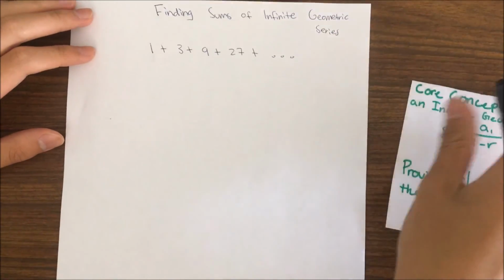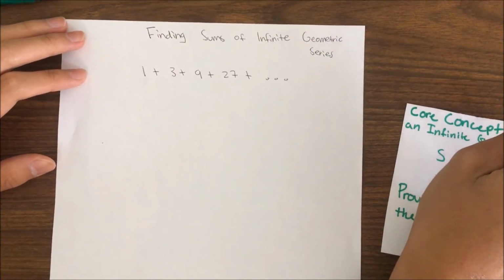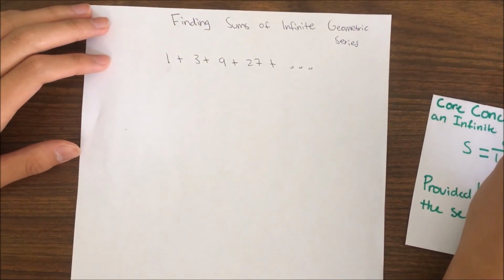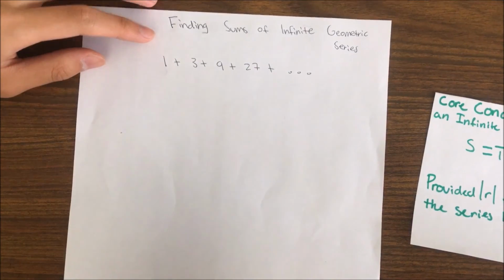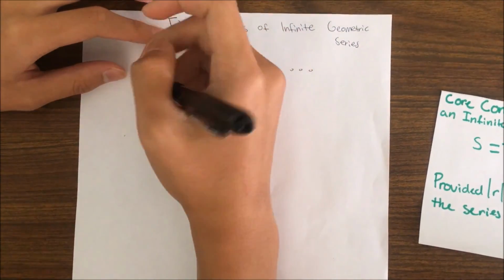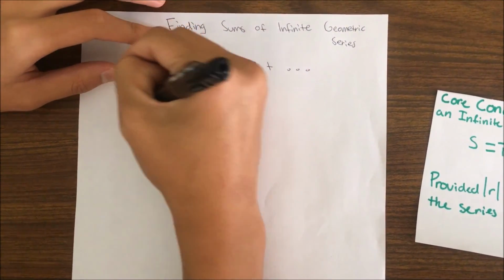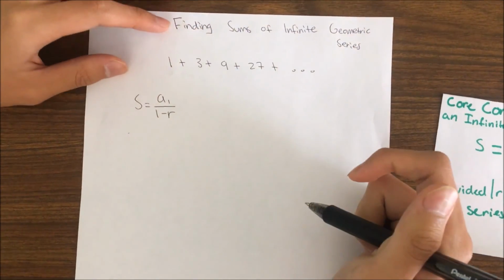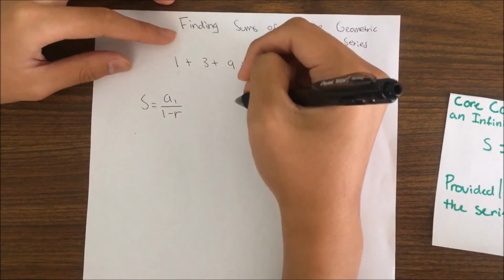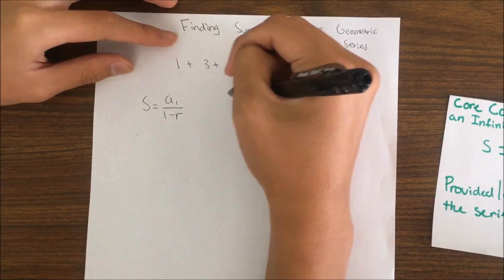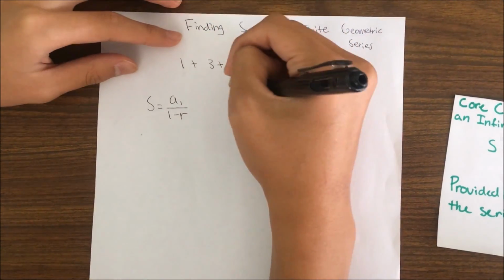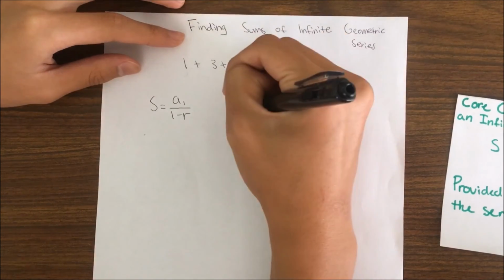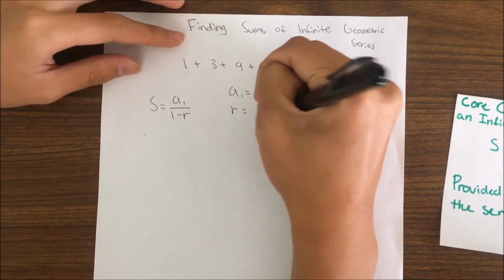Alright. Finding sums of infinite geometric series. 1 plus 3 plus 9 plus 27 plus something, something, something. First, we have to write down the formula. After that, we have to plug in A1 and R. A1 is 1, R is 1/3.